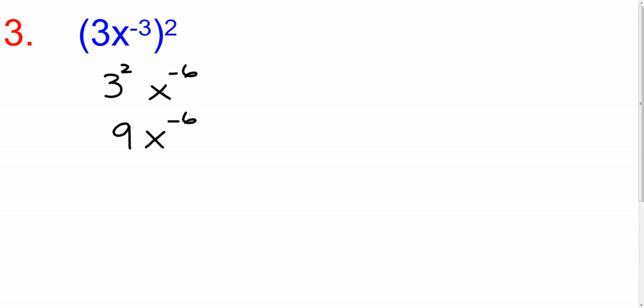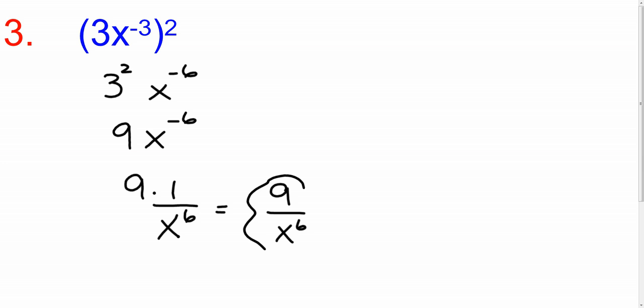And then I don't know if you remember about negative exponents, but if they're in the numerator, they need to go to the denominator and then become positive. Or if they're negative when they're in the denominator, then they need to go to the numerator and become positive. So this really becomes 9 times 1 over x to the 6th, which we can rewrite as 9 over x to the 6th. Okay.